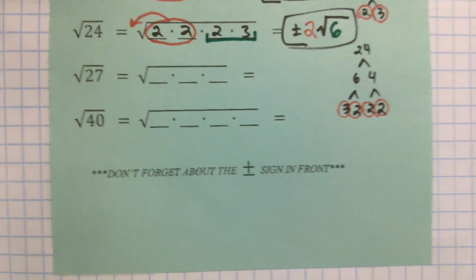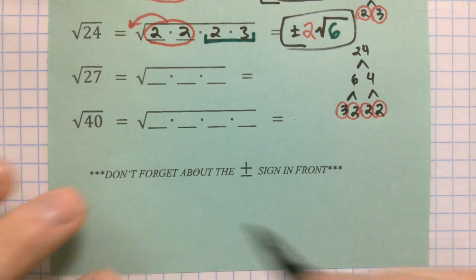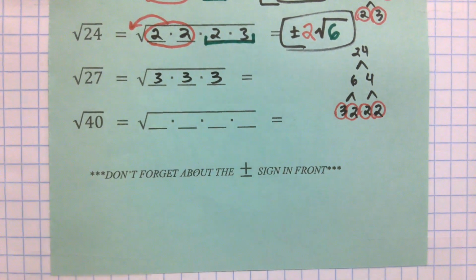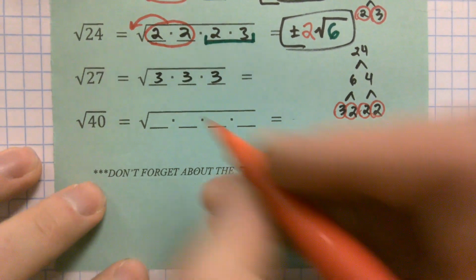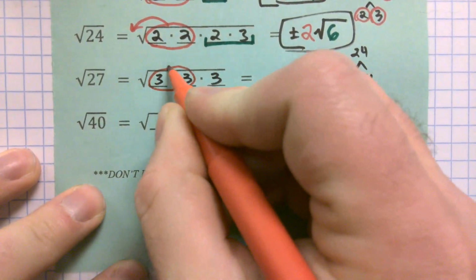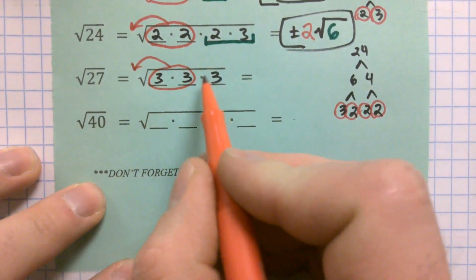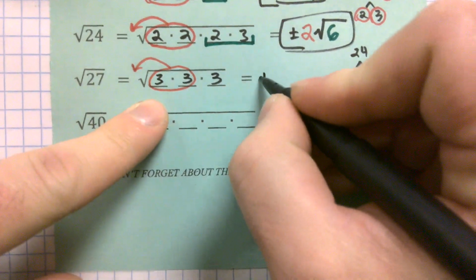All right, how can we break up 27? Someone help me out? Yeah, Ayana, what's 27? Perfect. Let's come back together for 2 minutes. 3 times 3 times 3. Is there any pairs we can pull out? Pair of threes. Again, we can't pull out triplets, just twins. We got to leave that third triplet at the hospital. All right. We got a plus or minus in front.